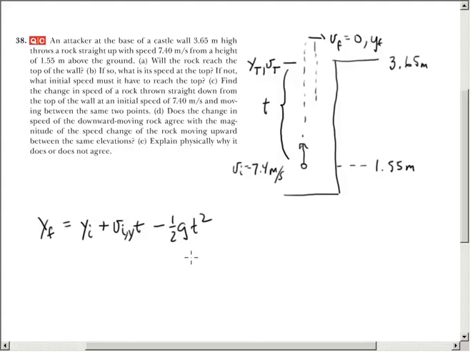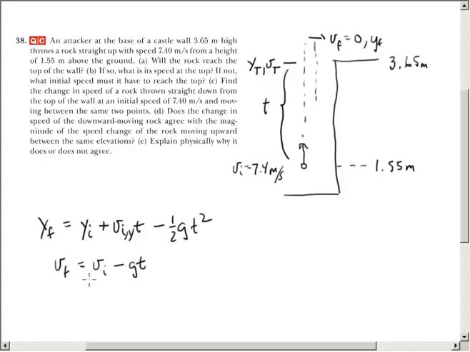Is there a way to find that time, or is there a relationship between the variables that we do know, gravity and time? Well, we know that the final velocity at the top is 0, we know the initial velocity, and we know that there's a relationship between the final and initial velocity, gravity, and time. And that is that VF is equal to the initial velocity minus gt.